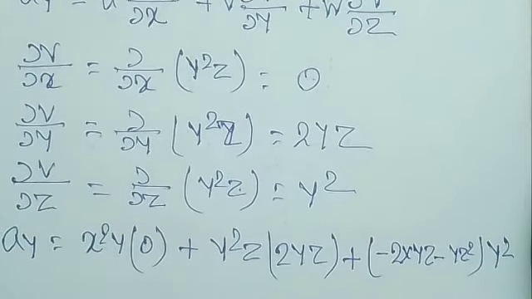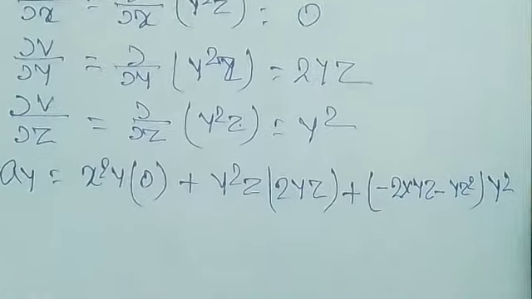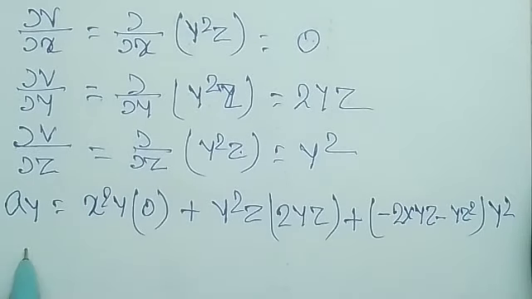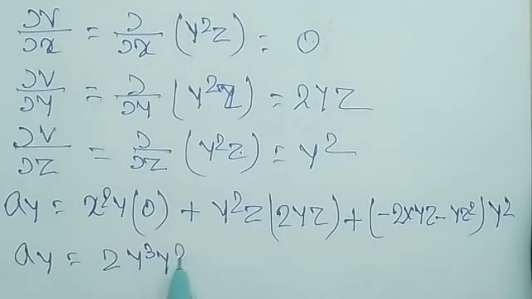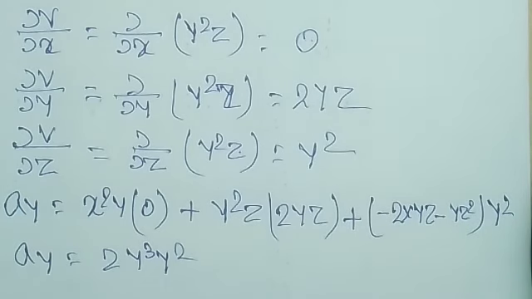So again you can simplify: this term will be 0, and multiplying and simplifying, you get ay is equal to 2y cube z square plus y square into (minus 2xyz minus yz square), right? So it is something like that.